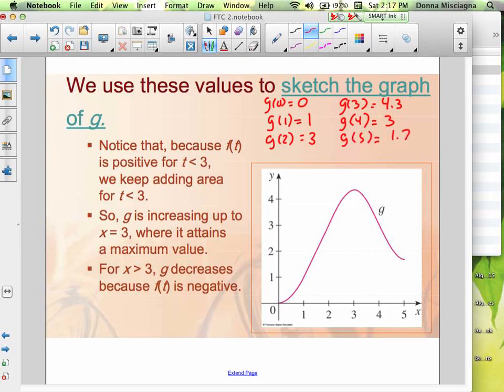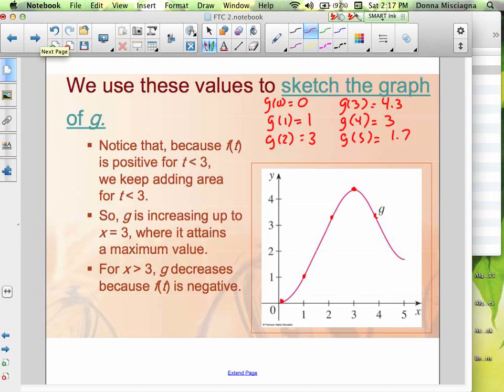All right, so notice that in our graph here, we have 0 graphed. We have 1, 1. We have 2, 3. We have 3, 4.3. We have 4, 3 again. So notice it's going back down.